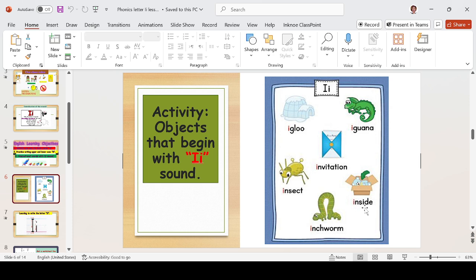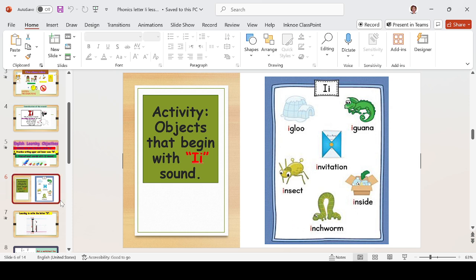And how about you? What can you see? Let's start with the E sound. Do you have or you don't have? Can you just look around? What can you find? Something inside, right? Yes, yes. Very good.